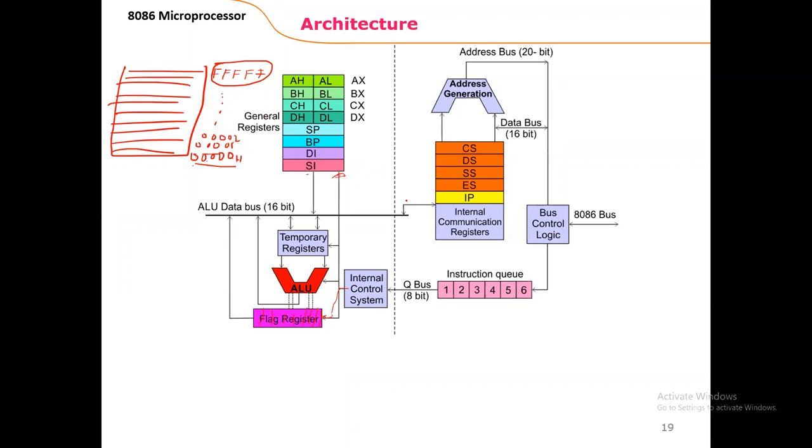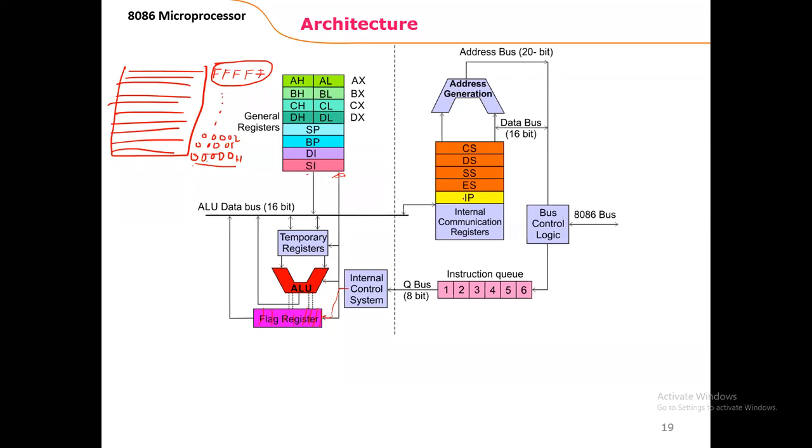And you know that I already explained in our previous class this IP. IP means instruction pointer. It holds the location of the next instruction. This is the location creator. IP is the important one.